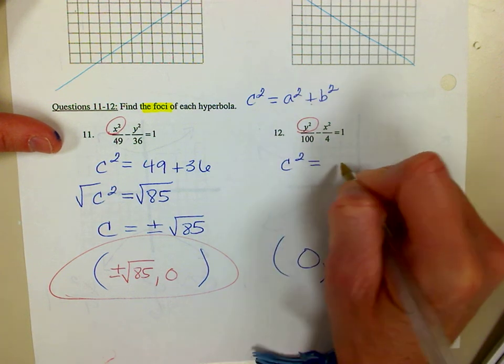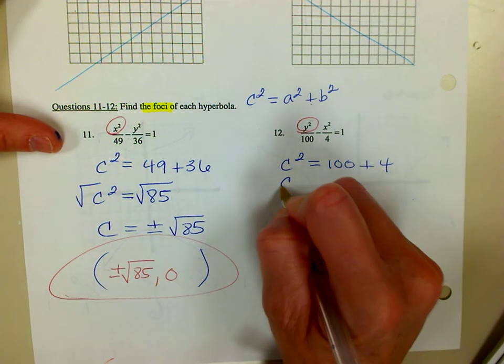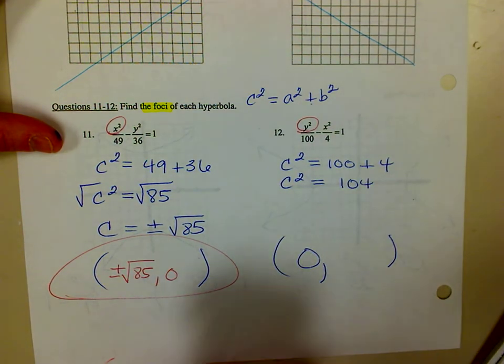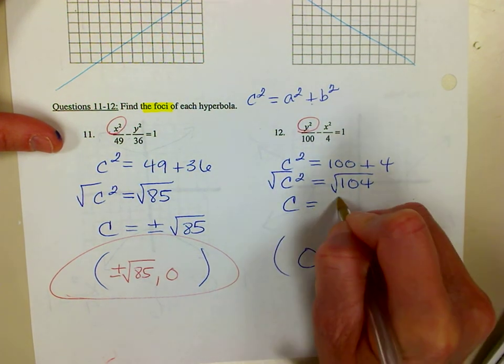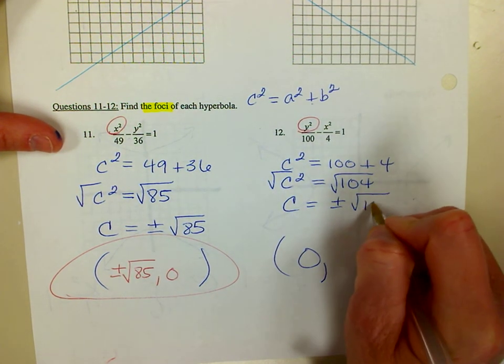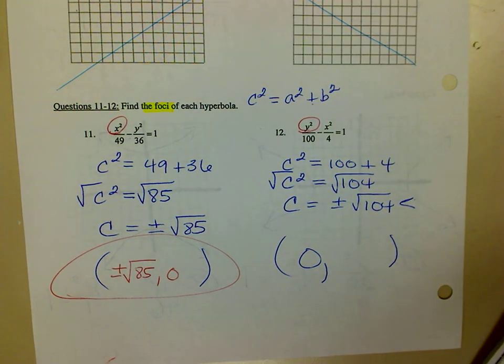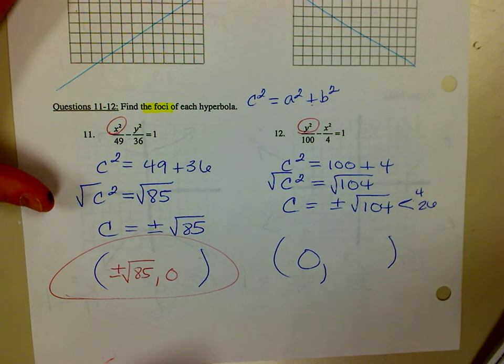So we're going to take a squared plus b squared. Now I want to take the square root. I can actually break down 104. That's going to be 4 times 26.